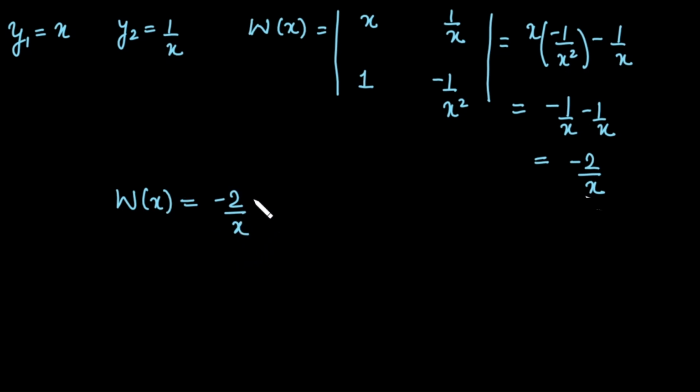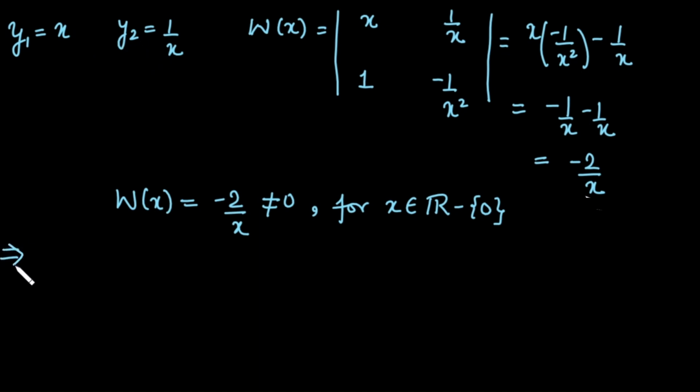So we will say that the Wronskian value is not equal to 0 for all x belonging to the set of real numbers except 0. So we need to remove 0 from here so that we can claim that these two functions are linearly independent.